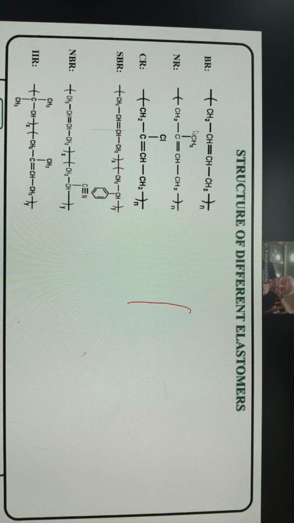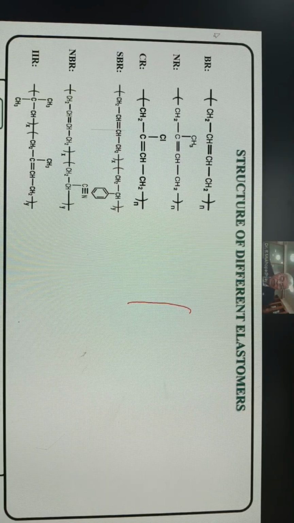So the point today is that if you know whether the structure is saturated or unsaturated, you can easily find out that natural rubber, BR, SBR, nitrile and IIR can all be sulfur curable. But depending on the activity, the sulfur and accelerator doses have to be adjusted, so you have to consider the ratio.